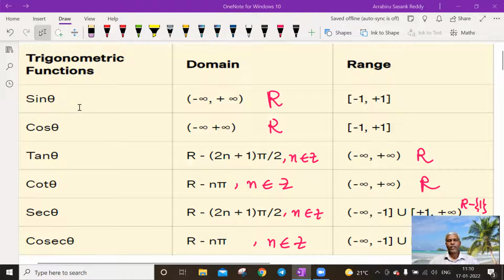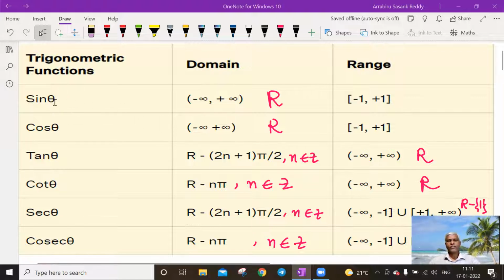The values of sine and cos functions cannot be less than -1 and cannot be more than +1. So the values lie in between -1 to +1. So this is the range of sine function and cos function.